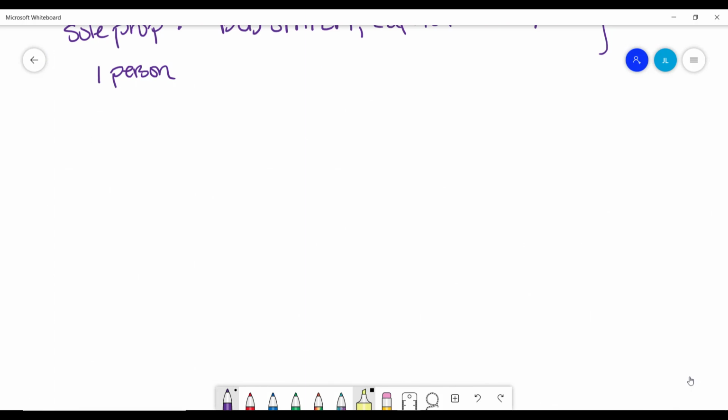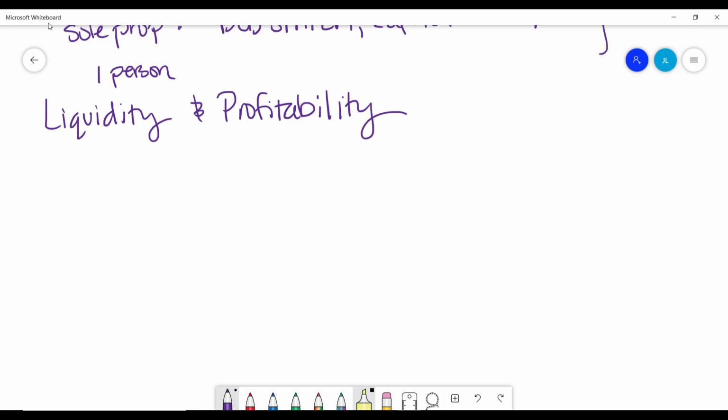And we're almost done, so I just have a couple of concepts to go over. Two of those being liquidity and profitability. Okay? What is liquidity? Does it refer to how much something resembles water?